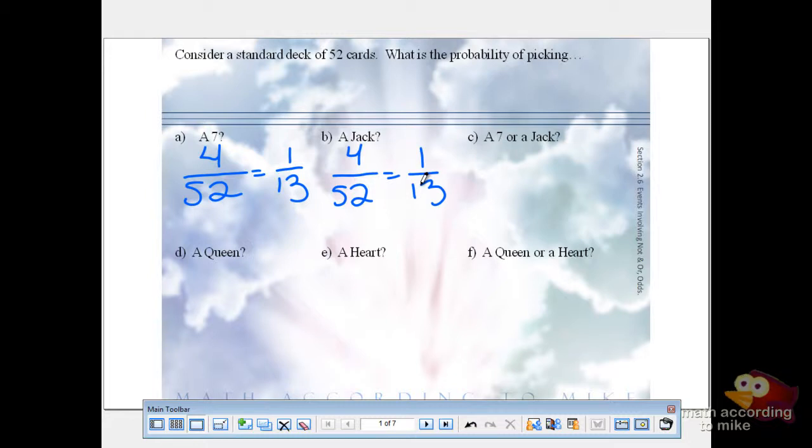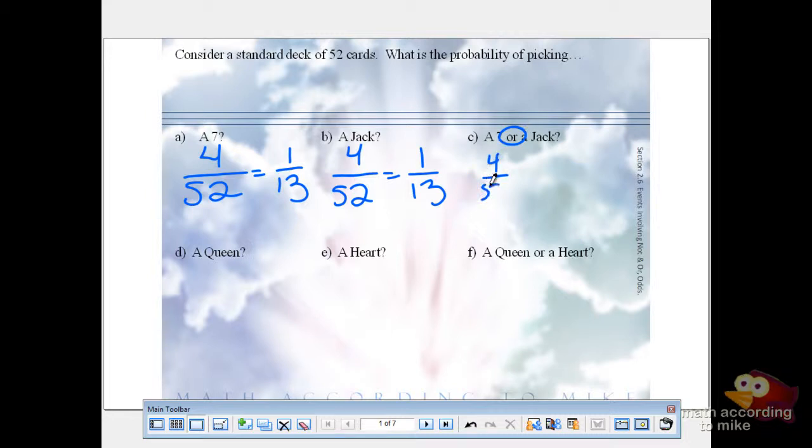Part C, a jack or a 7. Well, key word here is or. We have two major conjunction words, or and. We already saw that and, for the most part, means to multiply. Not always, but for the most part. Or, for the most part, means to add. So how many total cards in a deck are either 7s or jacks? 2/13, 8/52.